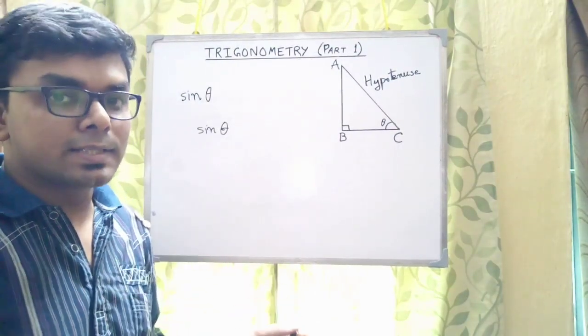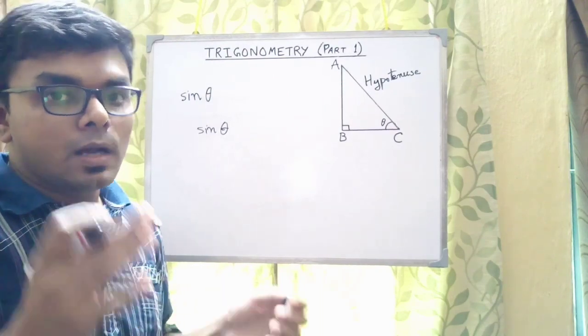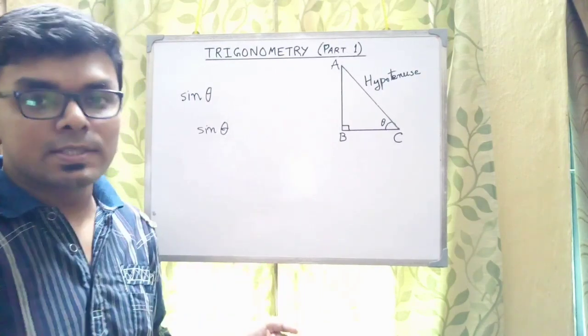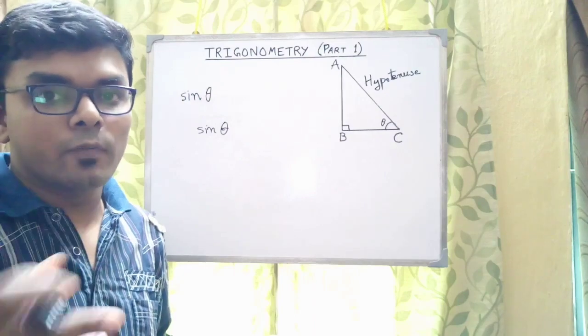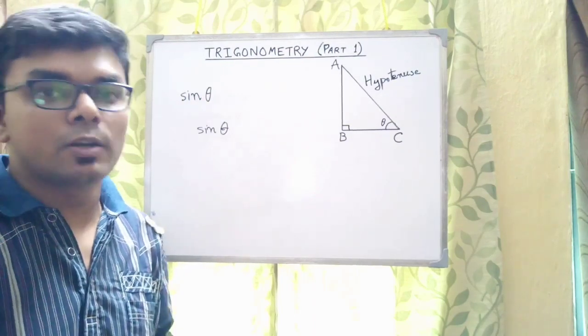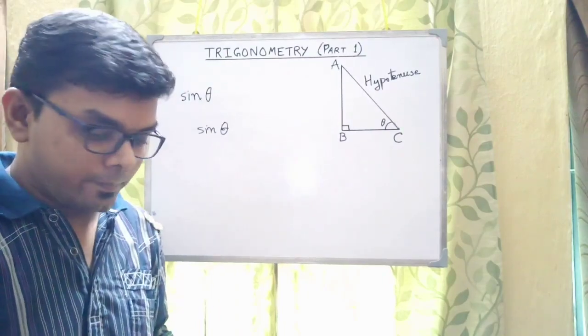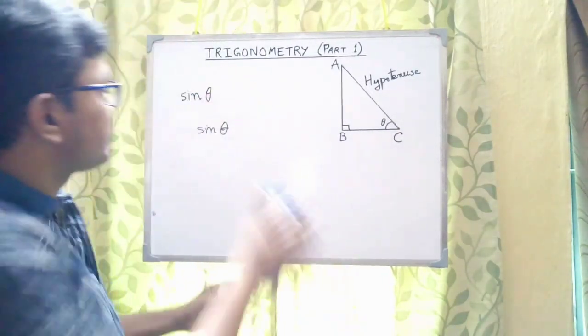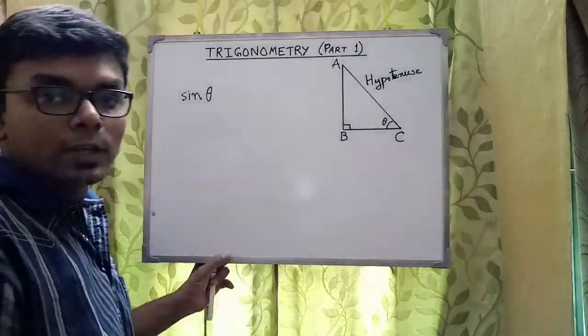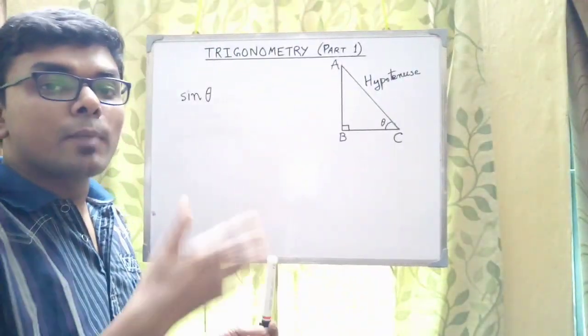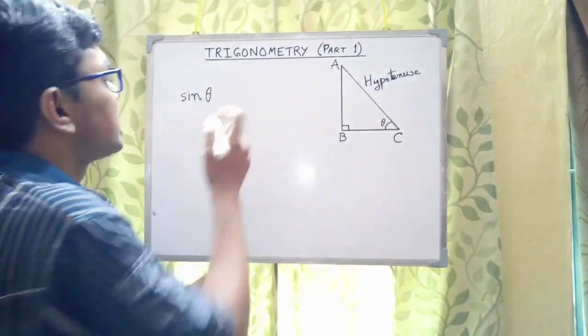Those who have studied in class 9, you must have done some chapters which deal with functions like f of x, function of x. You must have done in polynomials or in factor remainder theorems. So sine theta is kind of a function of theta. Now let me tell you what sine theta actually means here. So now I'm going into the definition of it.